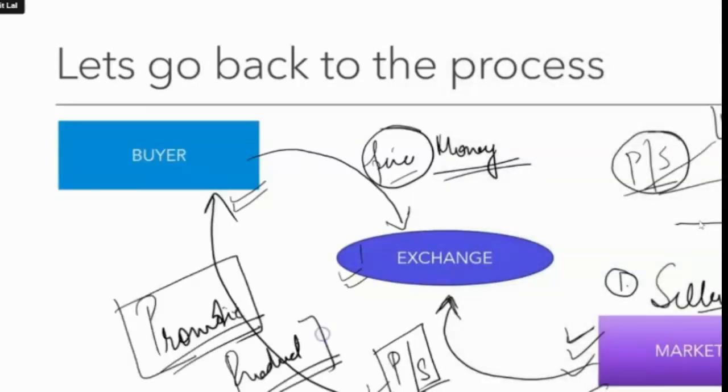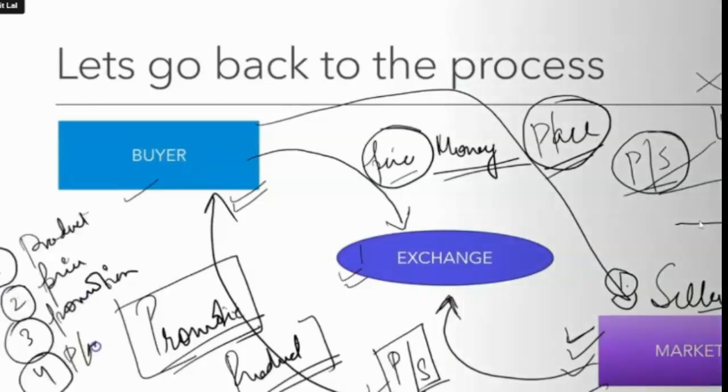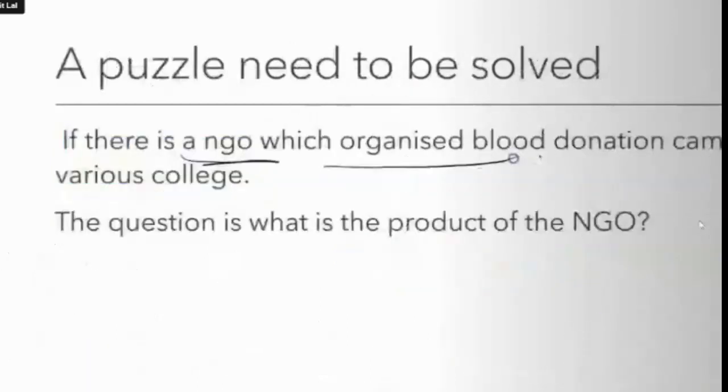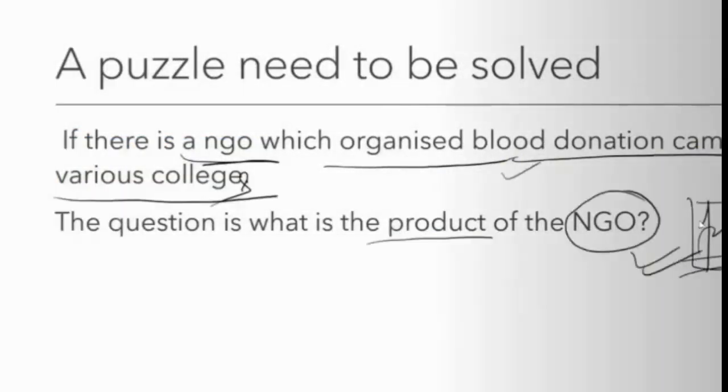Okay. And that is where the role of 4Ps comes into the picture, because we need to understand that there is not only one marketer, right? There are so many marketers in the market. So when there are so many marketers in the market, it is very difficult for a buyer to decide from whom to buy.